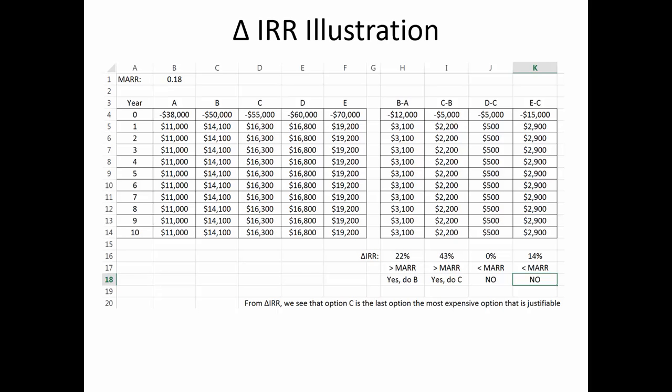We find the internal rate of return on the difference is 14%, which is too low. It's lower than our MAR of 18%, and so the answer is no. We don't do option E. In our final conclusion, we see that option C was the last option we said yes to, and so that's the best alternative.